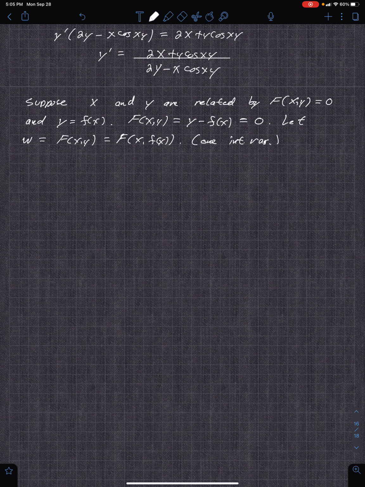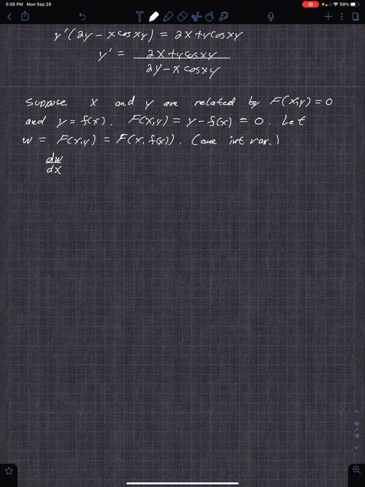All right. Then take a look now at dw dx. Do we all see why it has to be just a d? Because it's just one independent variable in the end. Anytime you see an actual d, it's one independent variable. If you see partials, more than one independent variable.